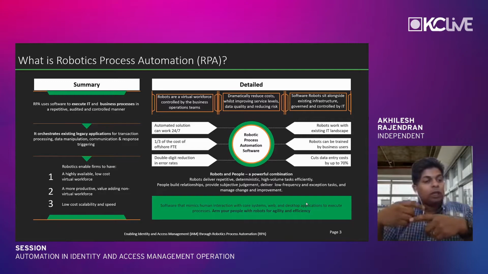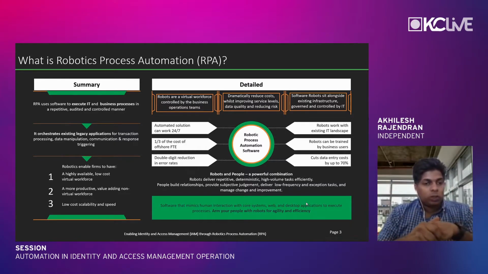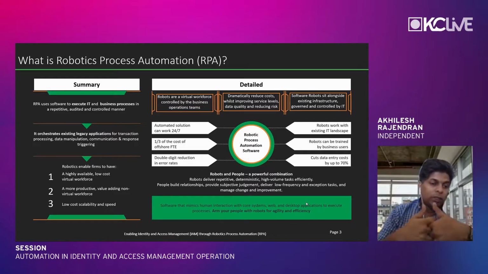So that's one use case where we can introduce some kind of automation. Here I'm talking about robotic process automation, which can take out the redundant work and free up the resources to use them in more high-skilled jobs, rather than doing repetitive and redundant operations.